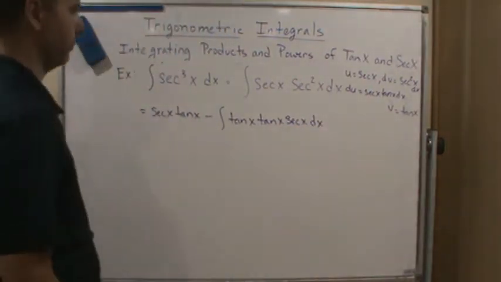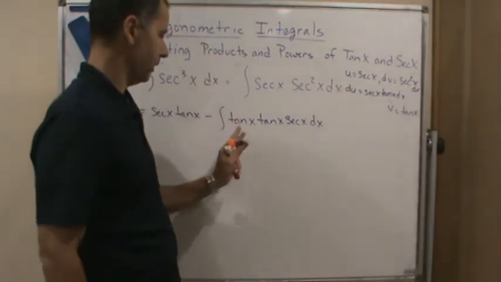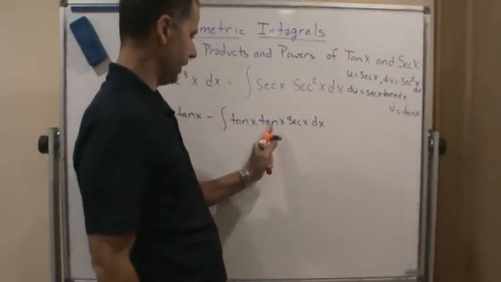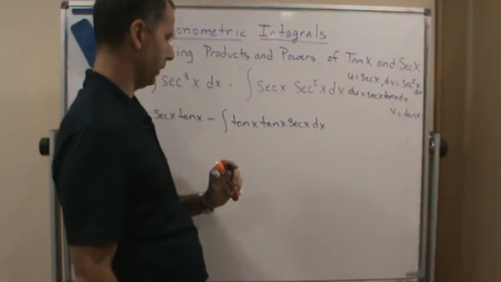So v du, right? So we got tangent x times secant x tangent x. Okay.